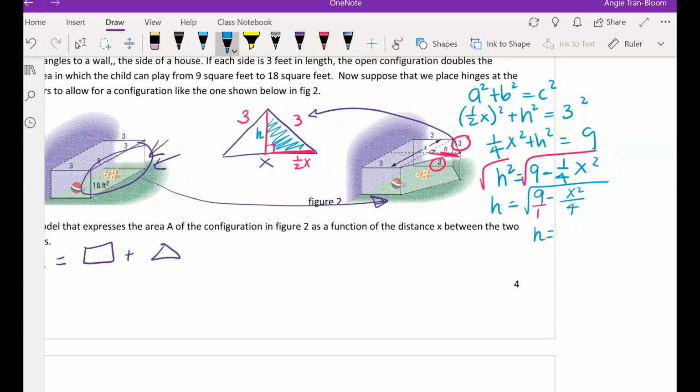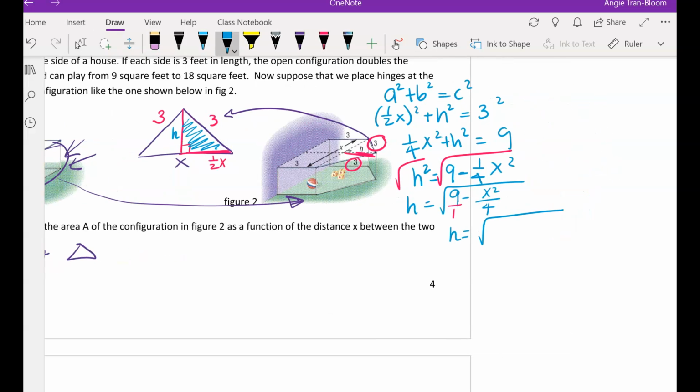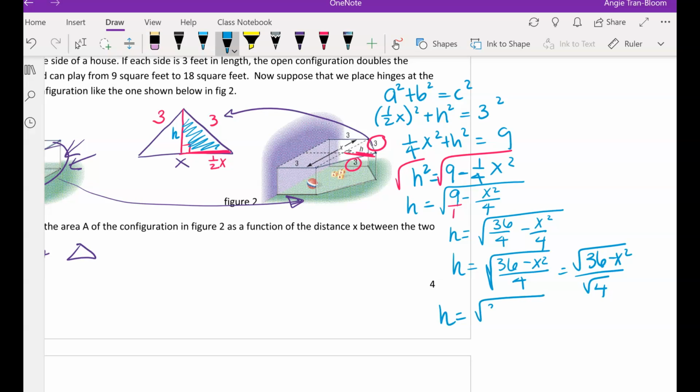So h equals the square root of 36 over 4 minus x squared over 4, which is really now the square root of 36 minus x squared over the square root of 4. So a nice simpler height would be the square root of 36 minus x squared all over 2. So that's my height. Okay?